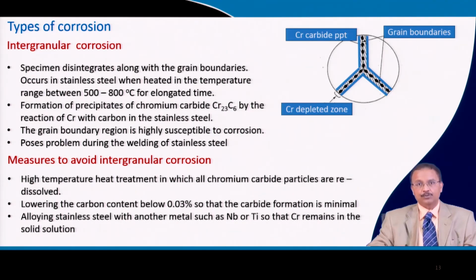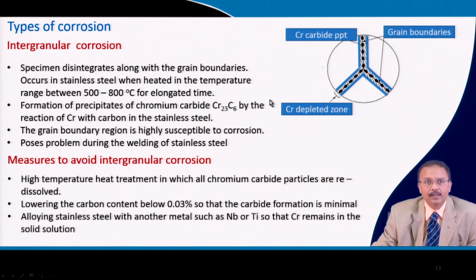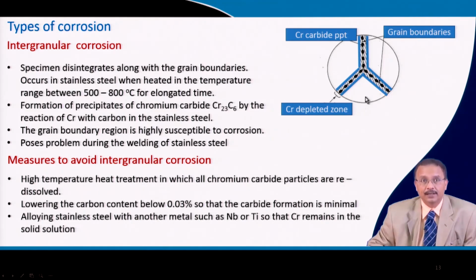The chromium carbide is precipitated along the grain boundary. So, this grain boundary region is highly susceptible to corrosion, and this poses a problem particularly when the steel structure is welded, so the temperature is raised up to this level. Then chromium inside the stainless steel reacts with carbon.